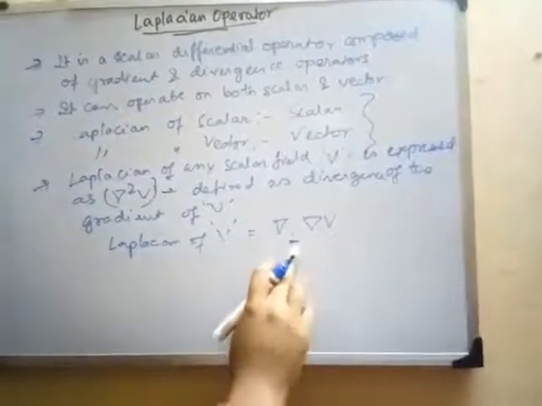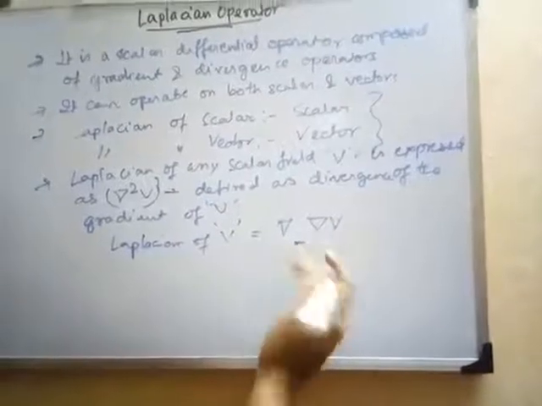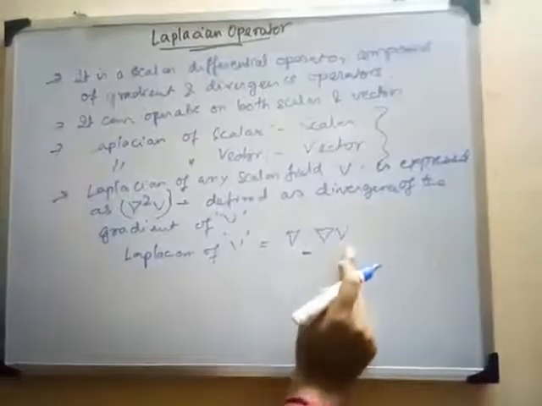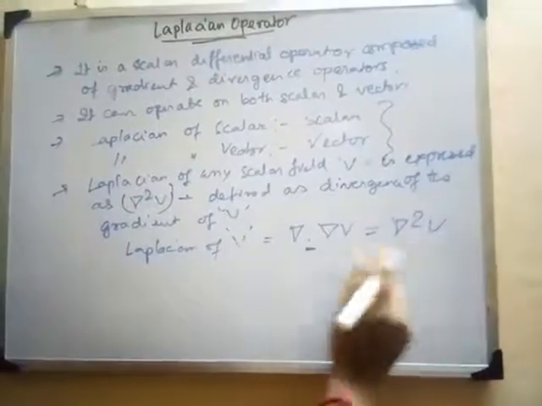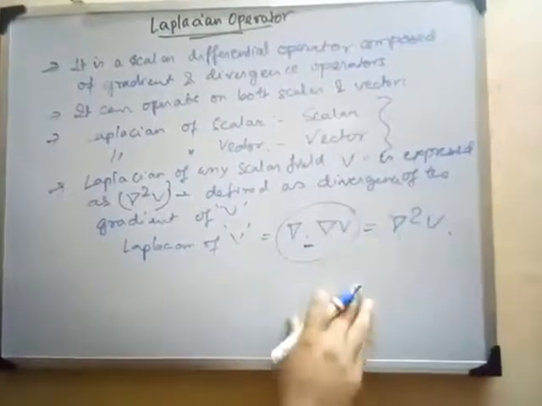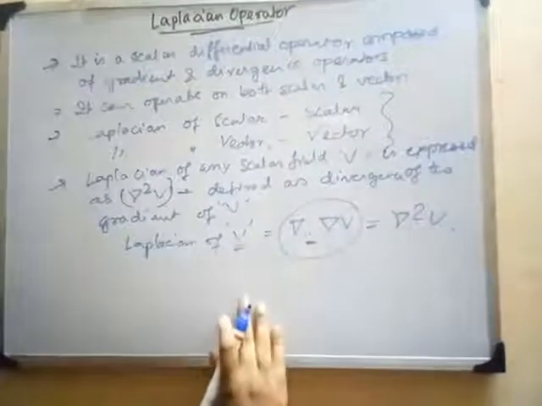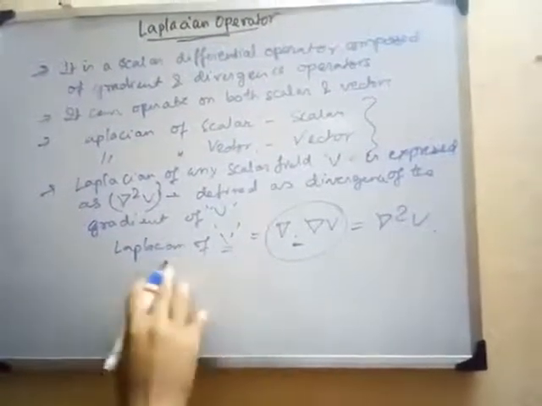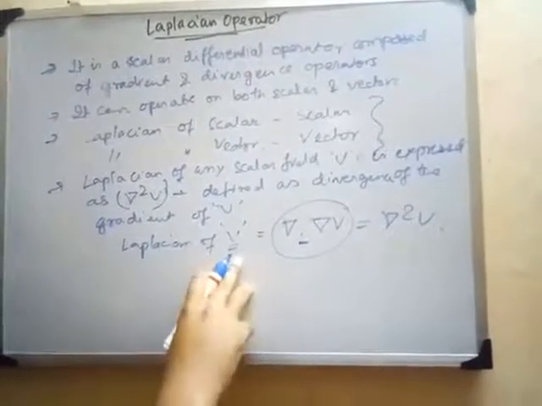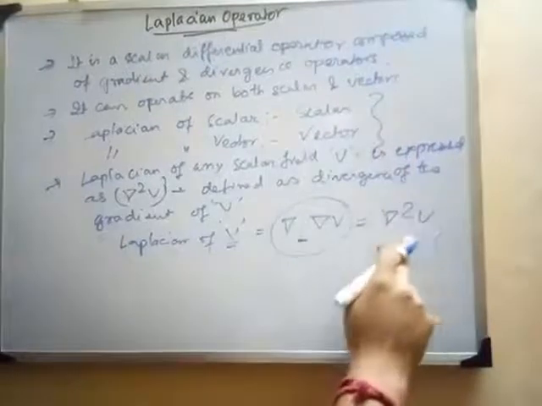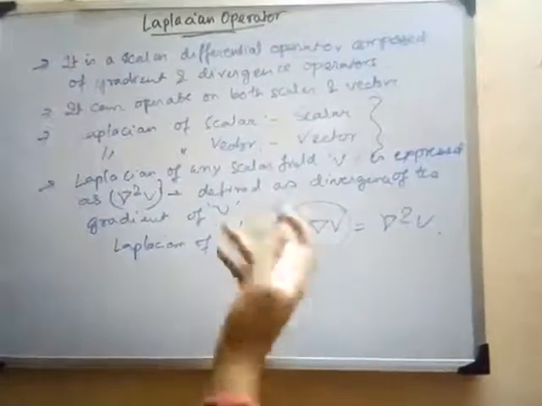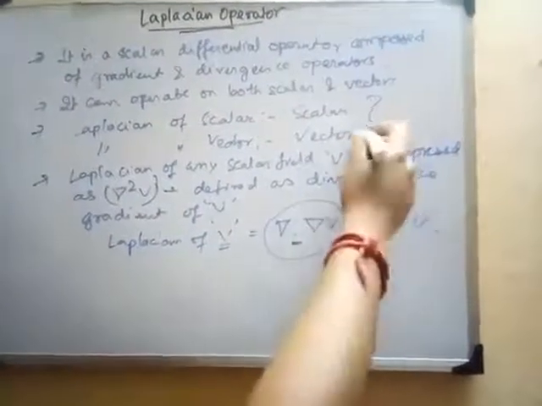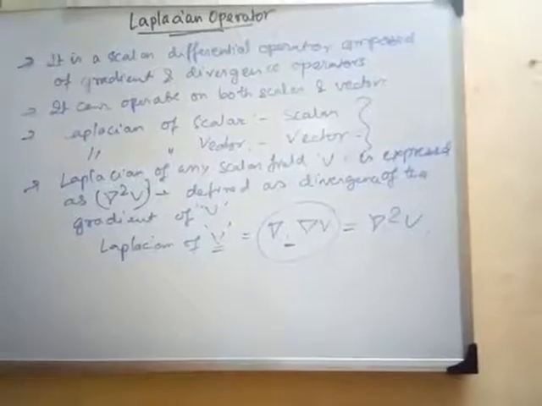We represent divergence by this dot, and for gradient there is no dot, so we write del dot del V. That means the divergence of the gradient of V, which is simply represented as del square V. So both operations, divergence and gradient, are applied to the field V. If this field is a scalar, the Laplacian will result in a scalar field. And if V is a vector quantity, then after the Laplacian operation the result will be a vector. So these are the basic properties of the Laplacian operator.